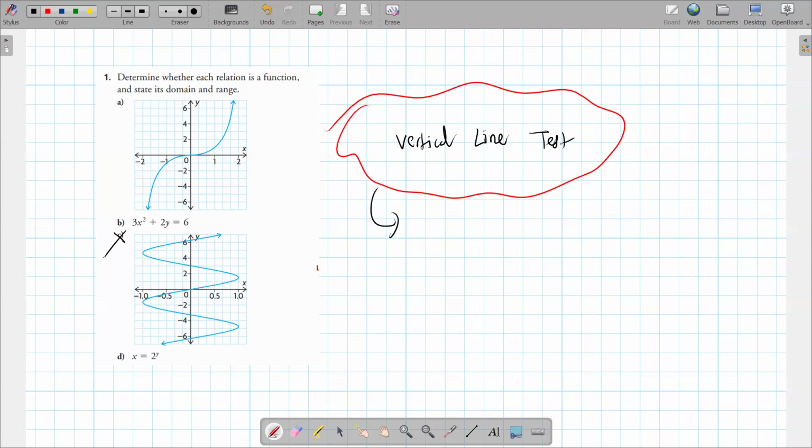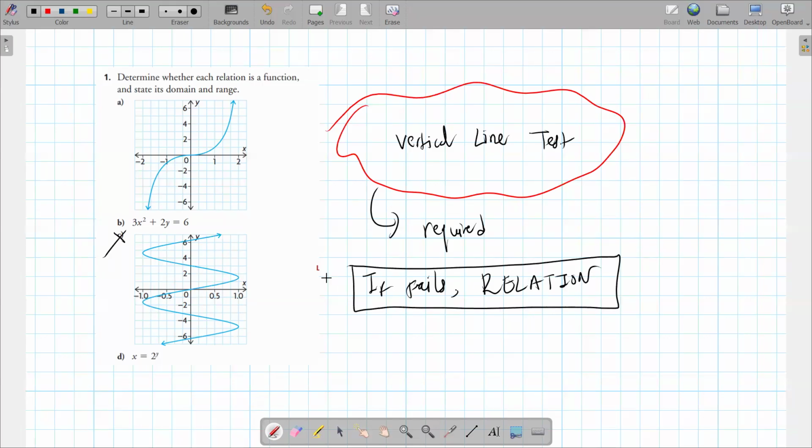So if something is a function, this is required. If it fails, then it's not a function, it's called a relation. So C is not a function, it's simply a relation. But even for a relation, we can state the domain and the range. What's the domain for C? The possible x values it can take.